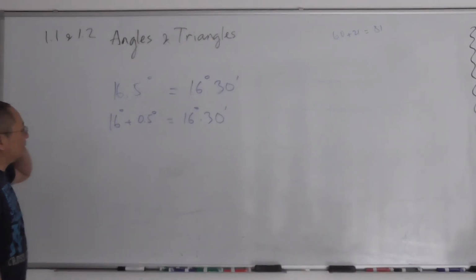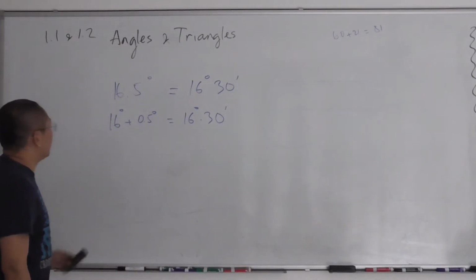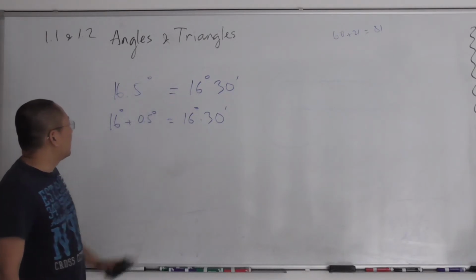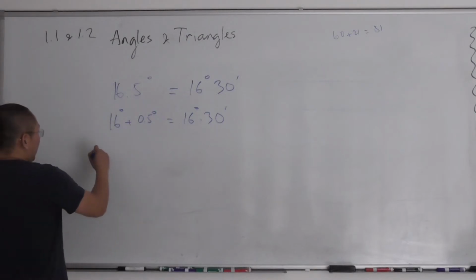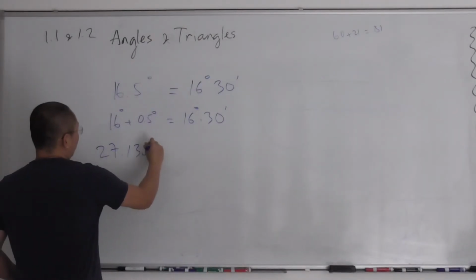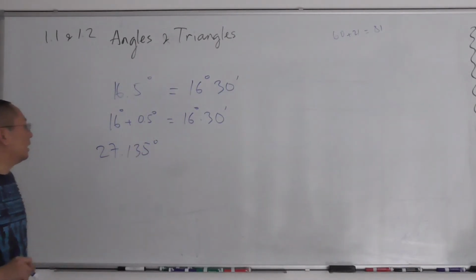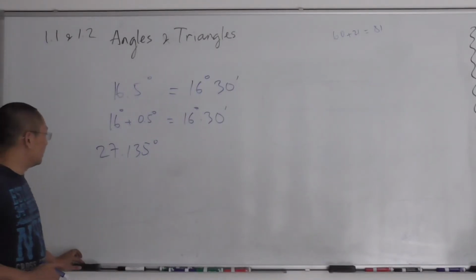Okay, so in general, how do we convert? This simple decimal example gives us a hint of how to convert. The idea is this: we split off the whole number on one side and then take the decimal and multiply it by 60. You're going to get the minutes. For example, if I have 27.135 degrees, we're going to convert it into the same angle, just in the presentation of degrees, minutes, and seconds.